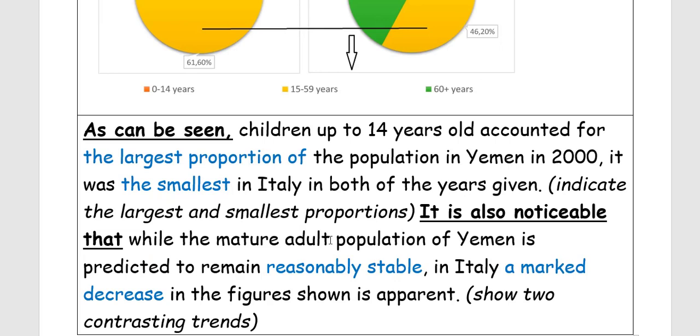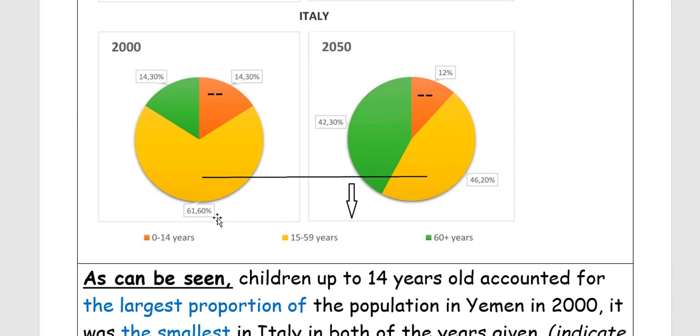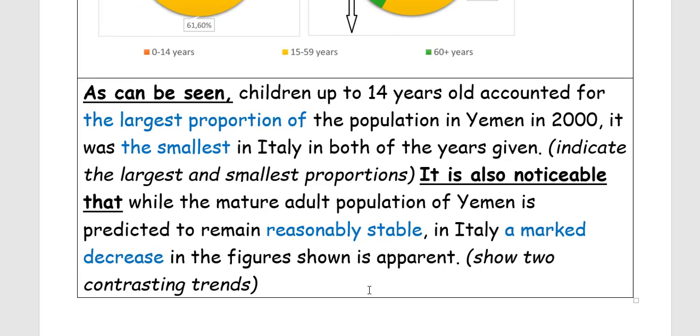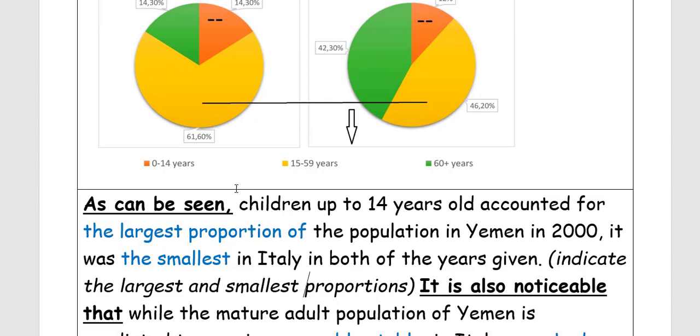That's why we need to use the word reasonably stable. And then in Italy, a marked decrease in the figures shown is apparent. So we can see that this figure is 61.60, and here we have 46.20. We see that there is a decline, there's a decrease, and that's exactly what I indicated here. So in this case, a marked decrease, which means a significant decrease. Show 2 contrasting trends. That's exactly what we've done now.